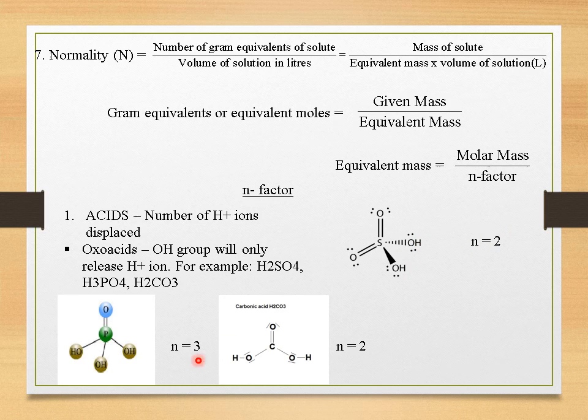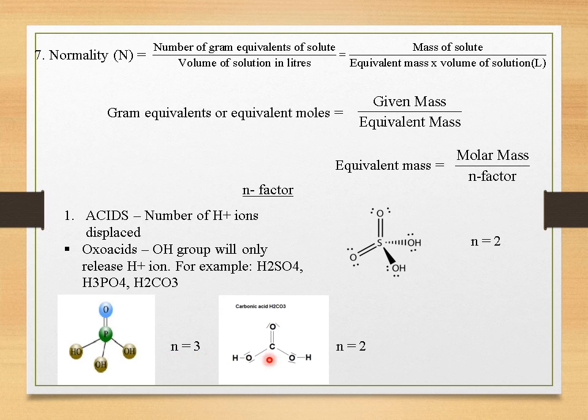Let's say I'm talking about phosphoric acid, H3PO4. The structure of H3PO4 is this, and the phosphorus atom is connected to this oxygen by a double bond. So the central atom is connected with an oxygen atom by a double bond, so this is an oxo acid, and since there are three OH groups which are going to displace their hydrogens, the n factor for phosphoric acid is 3.